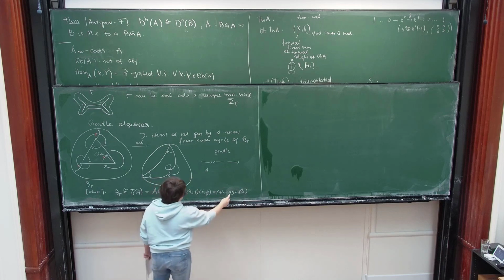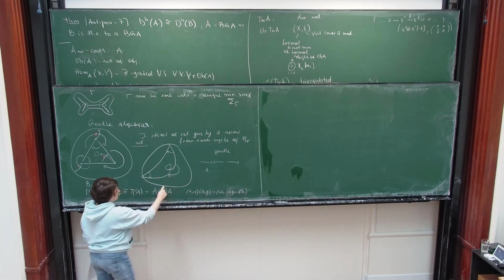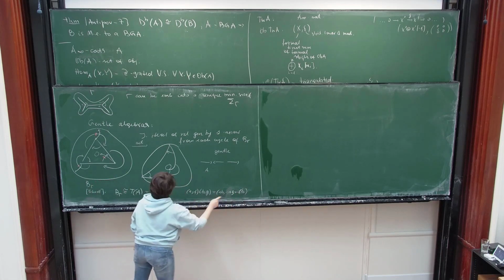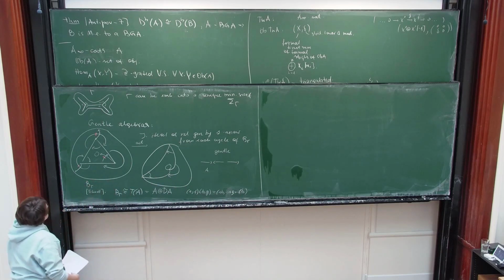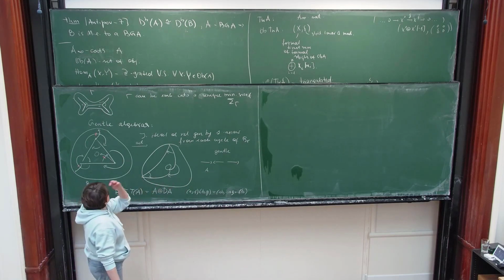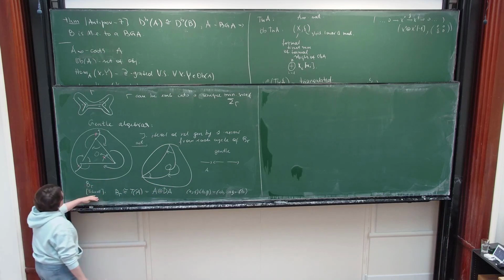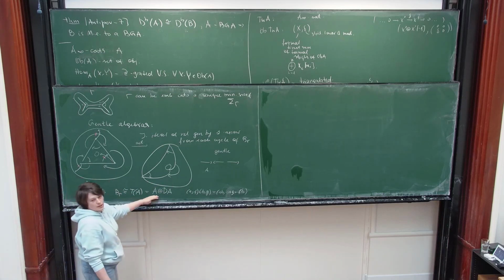So here we use the bimodule structure and the dual bimodule in order to define this multiplication. So any gentle algebra arises in this way, and any Brauer algebra is a trivial extension of a gentle algebra.